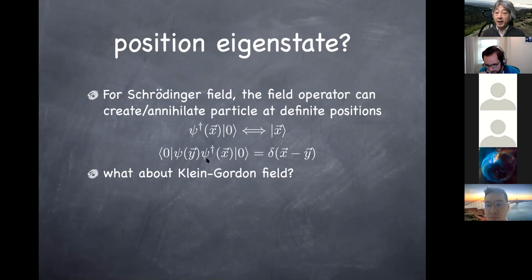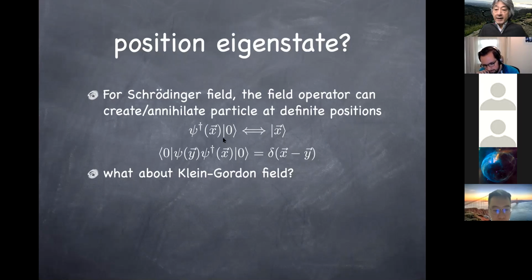By using the canonical commutation relation between ψ and ψ†, I can replace this in terms of a commutator, which we know is a delta function, sandwiched between the vacuum state, and the end result was indeed a delta function. So this allowed us to confirm the interpretation that ψ†(x) is really an operator that creates a particle at definite position x.